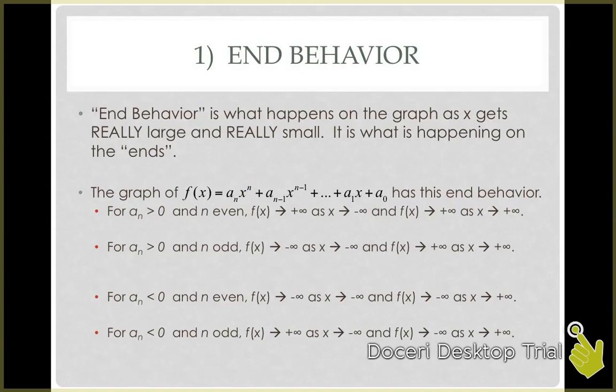All right, so when we have a positive leading coefficient and an even exponent, well, we just got done saying even exponents generally have a quadratic kind of shape. So even if I have a more complicated polynomial, the ends of my polynomial are still going to act the same way.